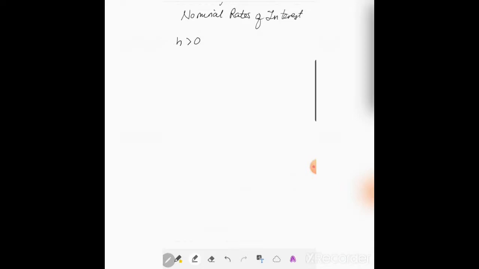So here we define i subscript h, which is just the nominal rate of interest per unit time on transactions of the term h, where h is greater than 0.